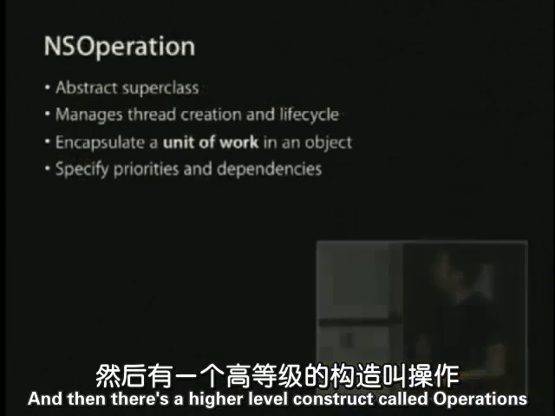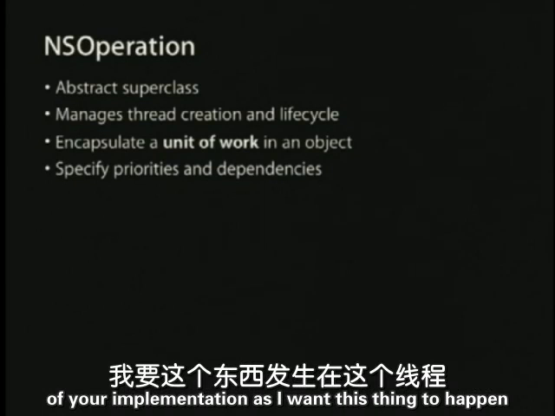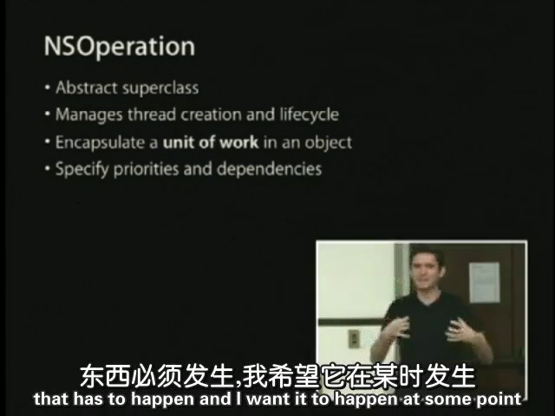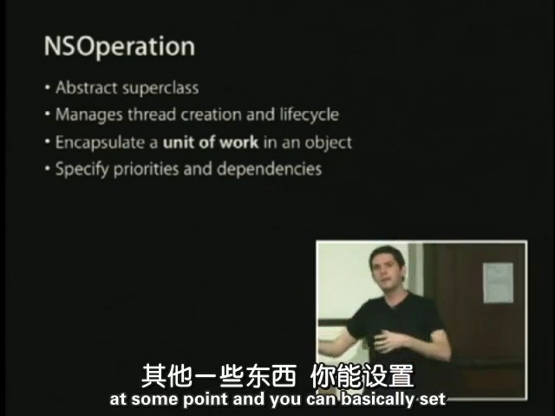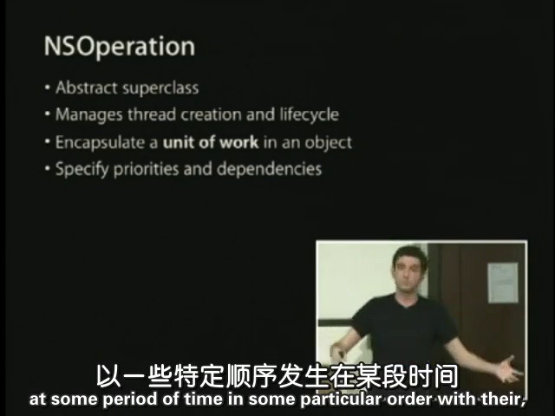And then there's a higher level construct called operations, which basically lets you, instead of thinking of your implementation as, I want this thing to happen on this thread, think of it more as, I've got this thing that has to happen, and I want it to happen at some point, and it depends on this other thing that has to happen at some point. You can basically set up a dependency graph of operations that have to occur in some particular order.